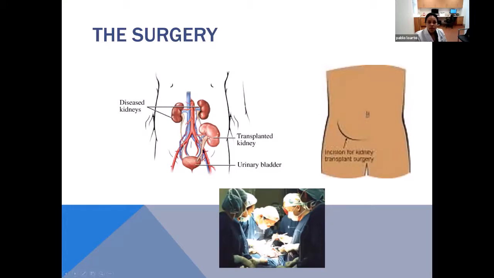They usually use the donor ureter for the anastomosis to the bladder, but if it is too short or there are issues with the donor ureter, they may take a piece of the recipient's native kidney ureter and use it for the anastomosis. We usually put the kidney on the right side, in the right lower quadrant, but depending on the anatomy, sometimes they may do it on the left lower quadrant.